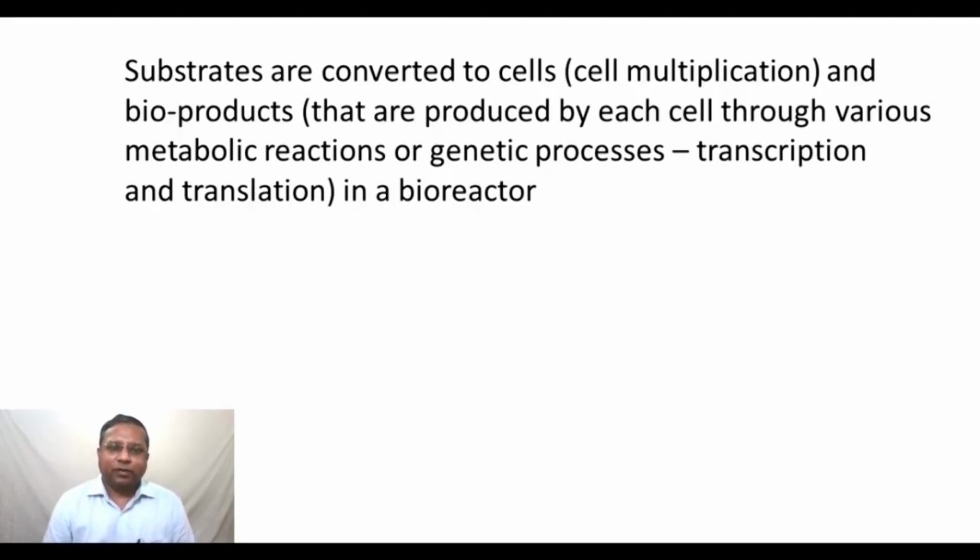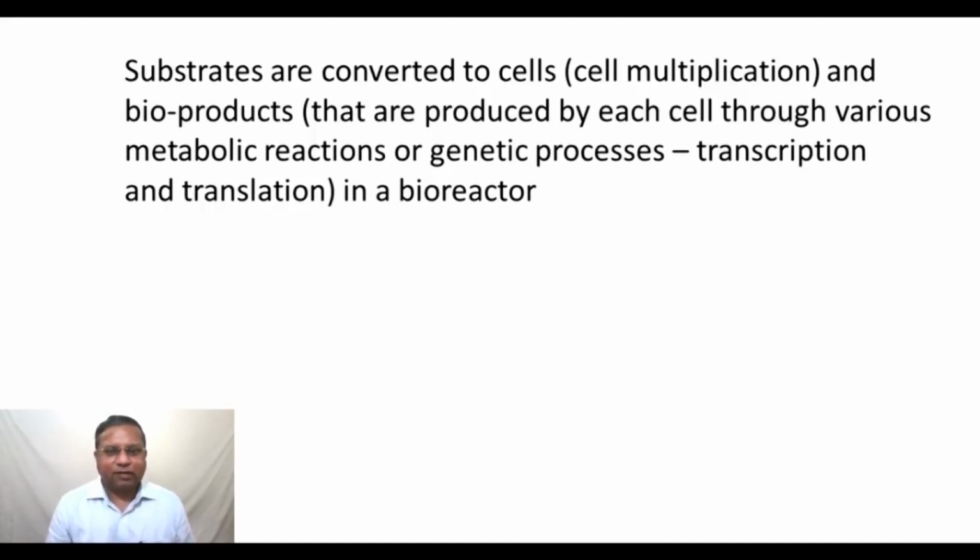Okay. The substrates, something called substrates, we have already seen what a substrate is. We will see that in detail now. They are converted to cells through cell multiplication and bioproducts. The bioproducts could be made by the metabolic reactions inside the cells or the genetic processes inside the cells.